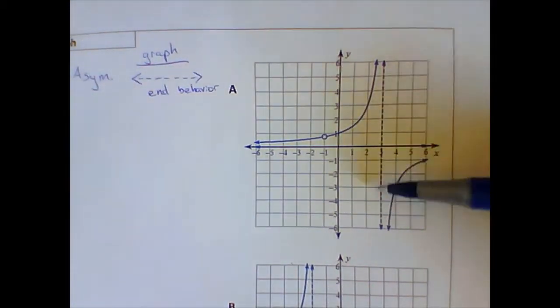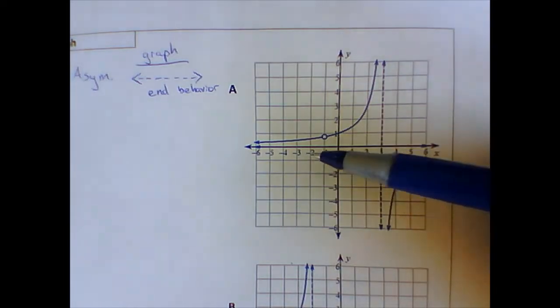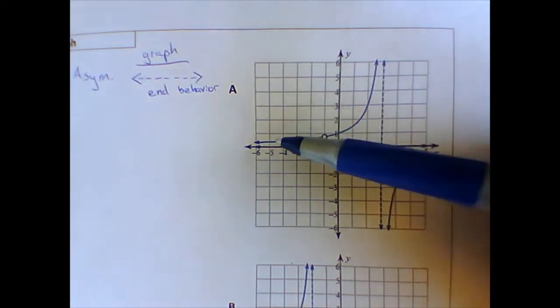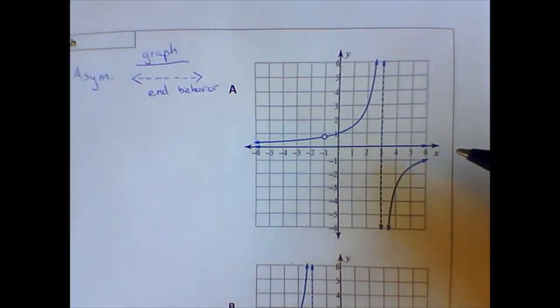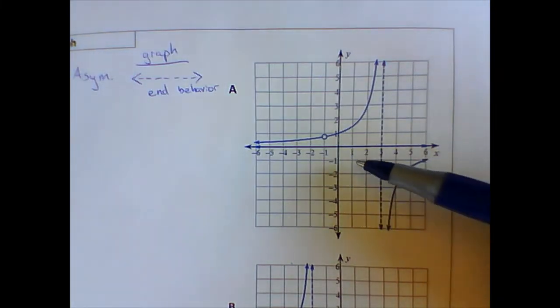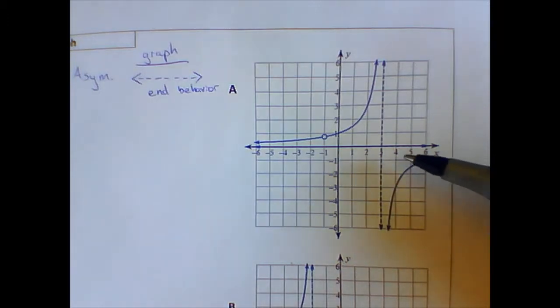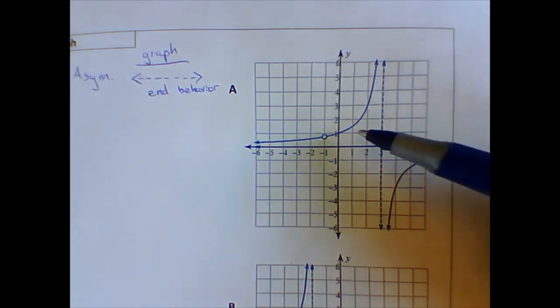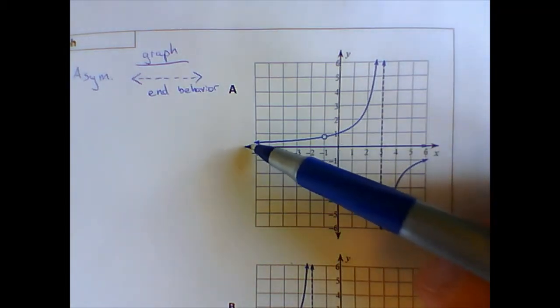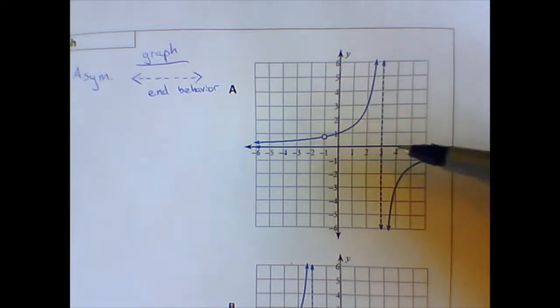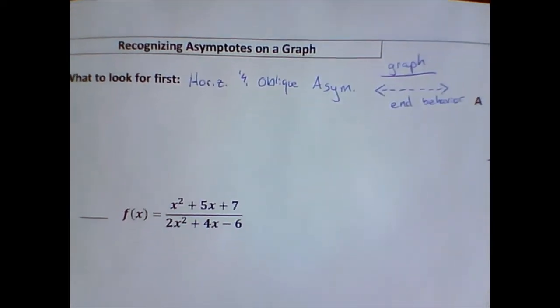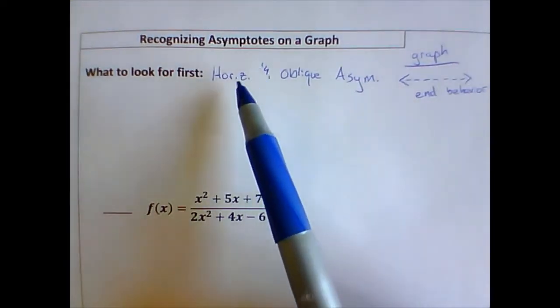So this first graph, when I talk about end behavior, try and get away from any of the vertical asymptotes, okay? So as we get really far away, you can tell this isn't slanting, it's leveling off. It's harder to tell on the right side, because you're like, oh, well, maybe it levels off at -1, but see how close it is to the vertical asymptote? That's too close. But if you can get something that's further away from that vertical asymptote, it's a little bit easier to tell what it's doing, okay?